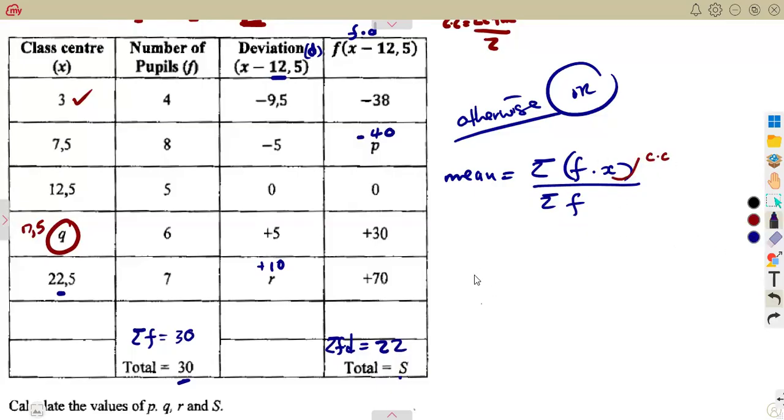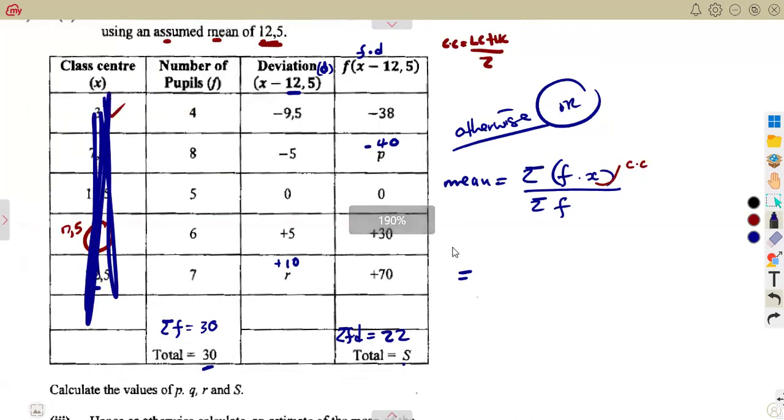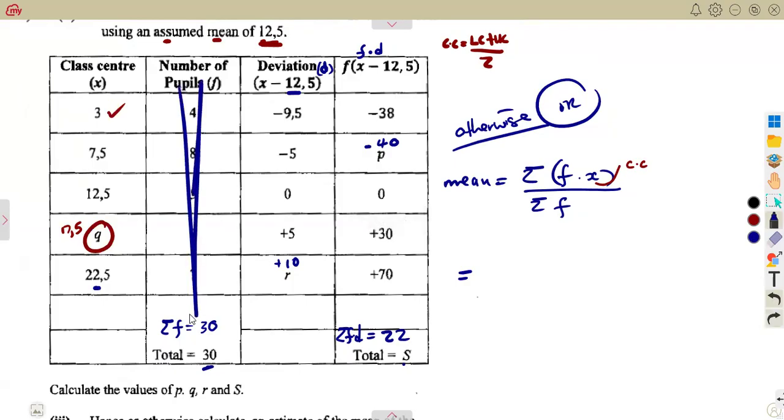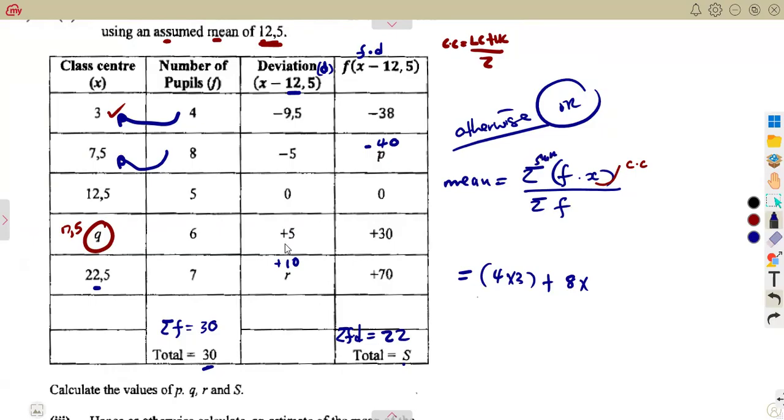So using this formula, guys, you already calculated these class centers. Remember here, these were class centers. And these are the frequencies. So it was simply going to be frequency times class center, 4 times 3. That's another way. That is the otherwise method. Frequency times class center. You add sum. You need sum of 8 times 7.5.